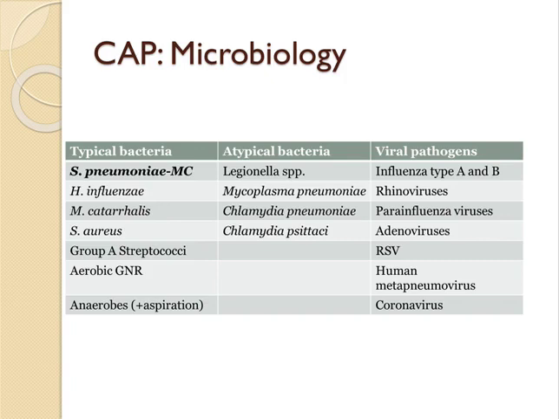You know, Staph aureus infections are on the rise, and some other ones listed in the table. There are atypical pathogens such as Legionella species, Mycoplasma pneumonia, and Chlamydia species, as well as various viral pathogens that are identified extremely commonly in the etiology of community-acquired pneumonia.